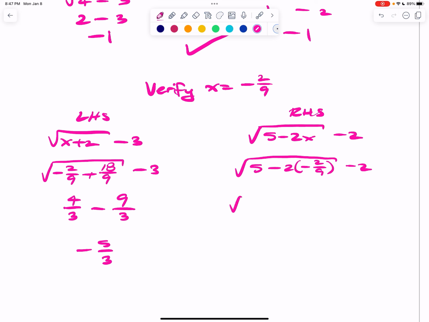The root of, okay, negative 2 times negative 2 over 9 is positive 4 over 9. And 5 is the same thing as 45 over 9. So that's the root of 49 over 9, which is 7 over 3. And we're subtracting 2, which is 6 over 3. This is 1 over 3.